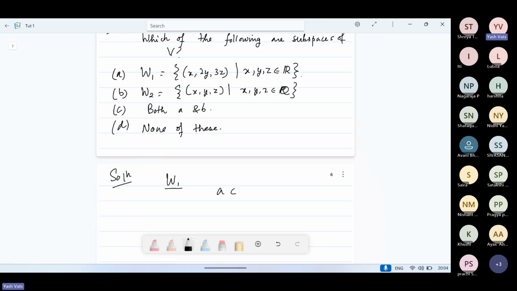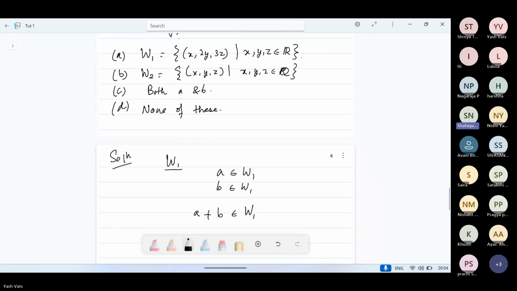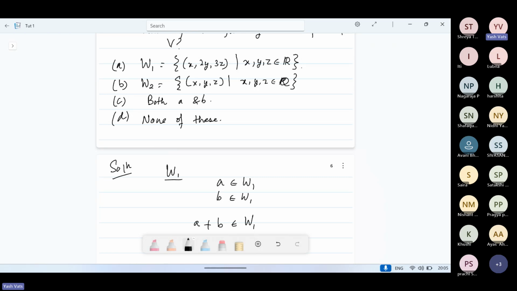If A is in W1 and B is in W1, then A plus B should be in W1. This is the first property of a subspace. The elements in W1 are like (x, 2y, 3z), and they are all elements from R, so if you sum them, they are elements of R, of course.